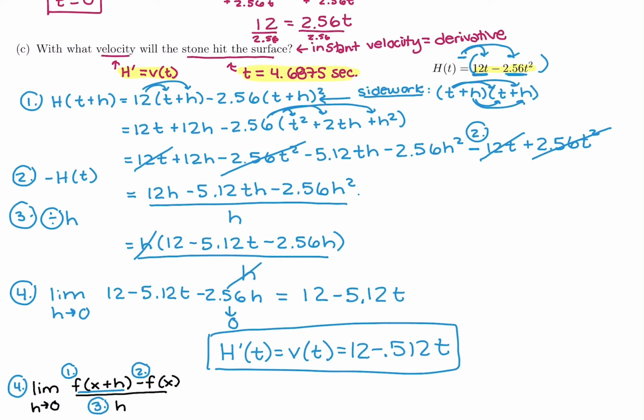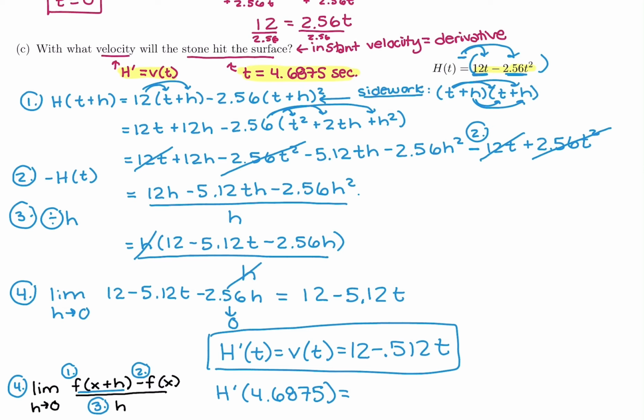But it says, with what velocity will the stone hit the surface? So I'm going to replace that t with what we found in the last video. We're going to do h prime of 4.6875, plugging into that derivative.